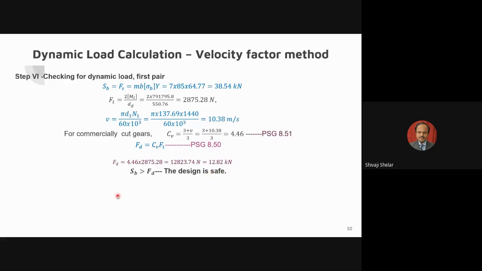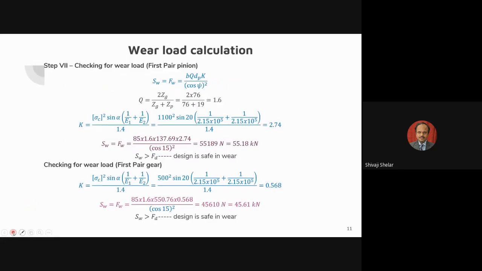Similarly, we can go to the next slide to check the wear load calculation. We have the formula for wear load: SW is equal to FW is equal to b Q dp K upon cos cube psi. First we are checking for the pinion. The ratio factor Q is 2Zg upon (Zg plus Zp), or 2i upon (i plus 1).